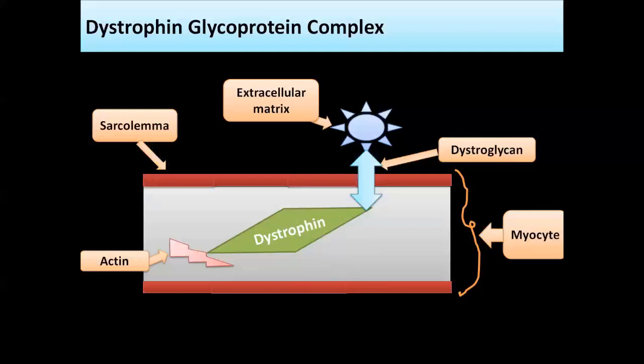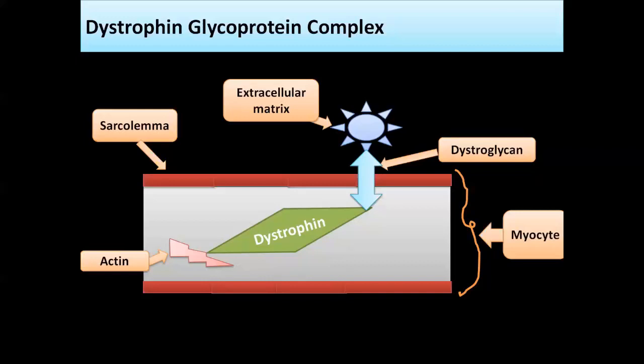With the help of this animated illustration, I would like to show you how complete or partial deficiency of cytoskeletal protein can lead to degeneration of a cardiac myocyte. Dystrophin is the most important cytoskeletal protein in cardiac myocyte. Dystrophin is found in the cytoplasm.